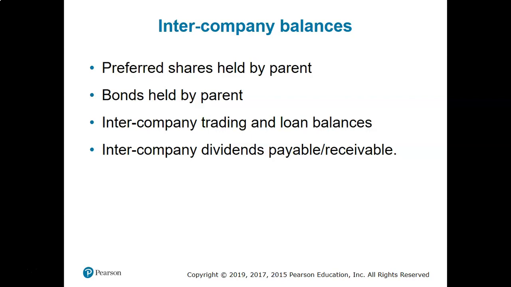Some of the bonds of the subsidiary can be held by the parent company, and there may be intercompany trading and loan balances. One company may provide a loan to the other. The parent can give a loan to the subsidiary, and the subsidiary can give a loan to the parent as well. Intercompany dividends payable, or interest payable or receivable on the loan amount, can also be there. So these are the intercompany balances.